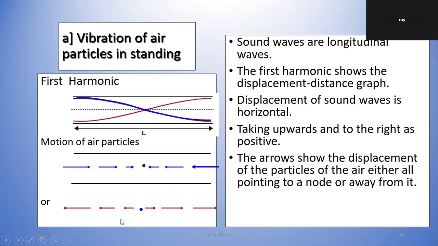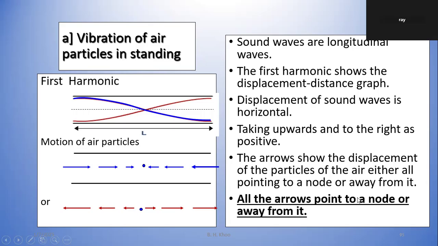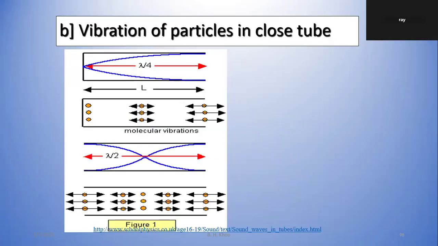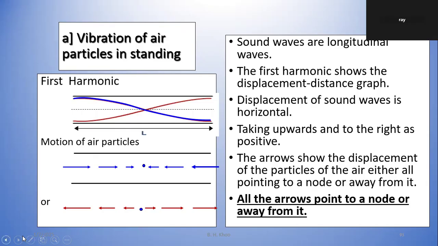Or if you look at the red one, it's either all the arrows pointing towards the node or pointing away from the node. Normally we will show the vibration rather than just show how it looks like, but the exam is usually this form.